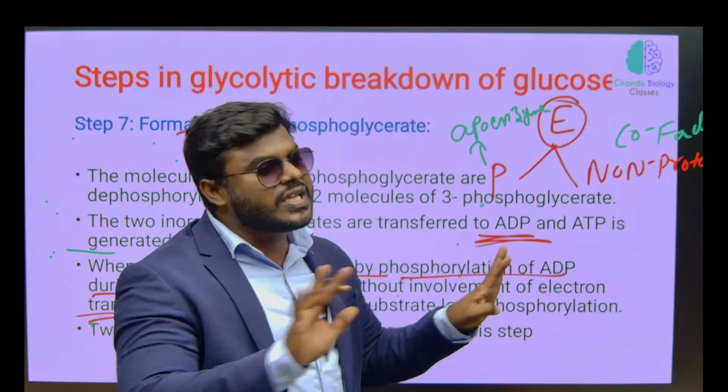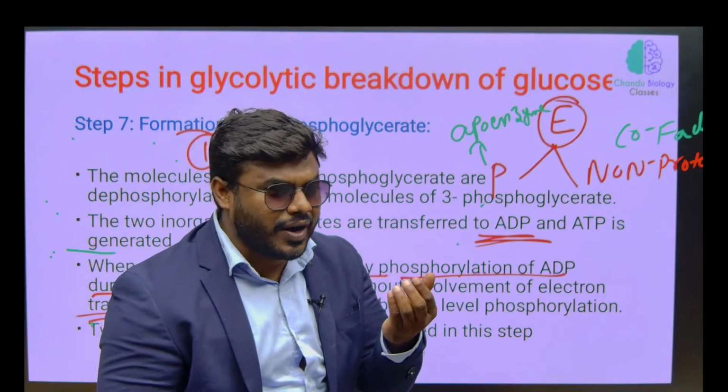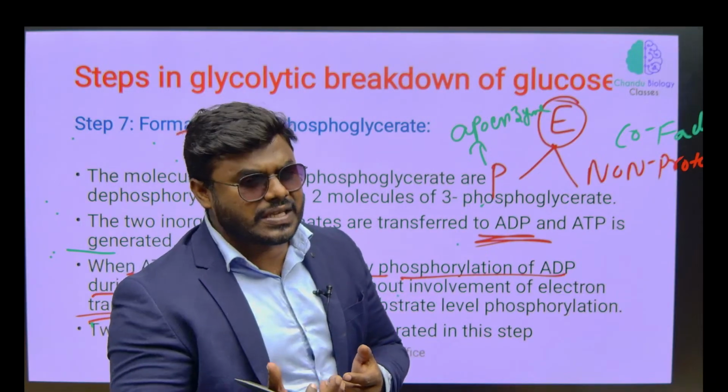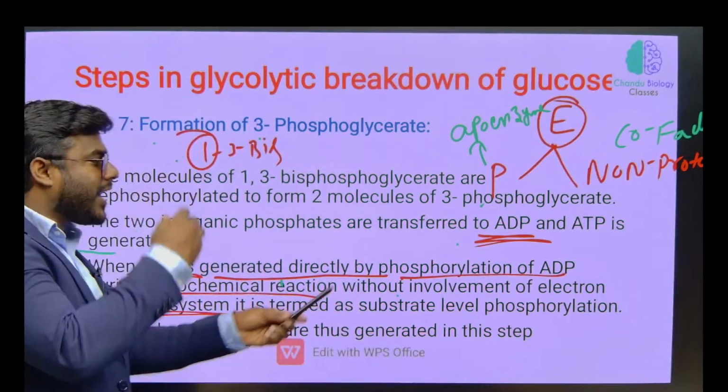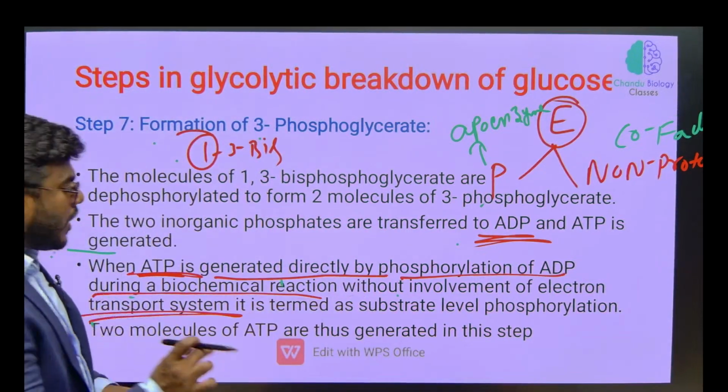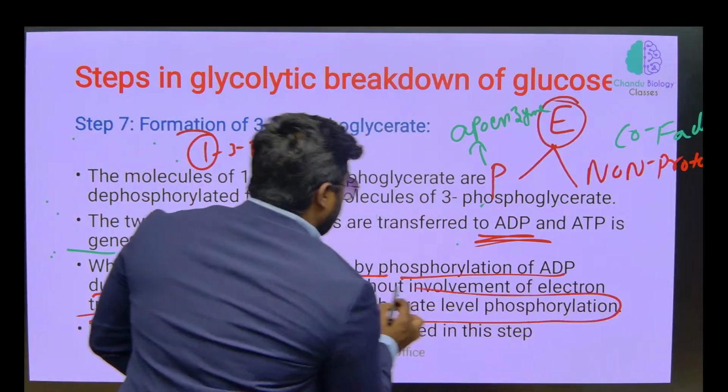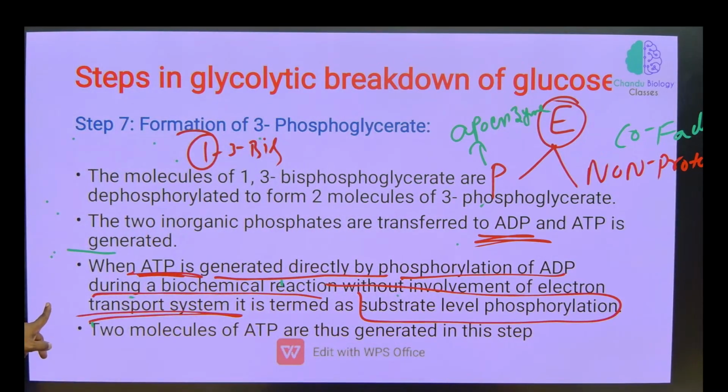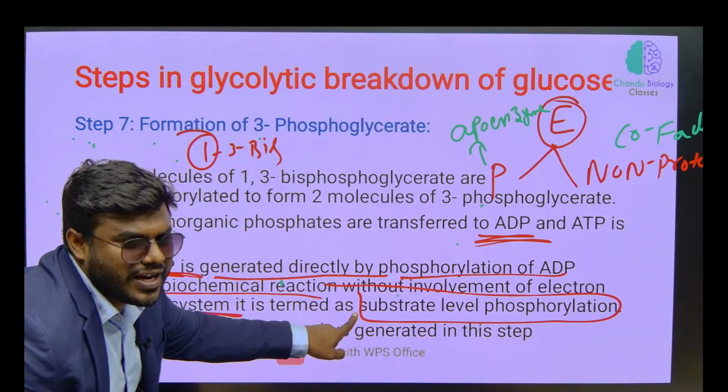So we don't use any enzymatic complex. If we get ATP directly from ADP, that is called substrate level phosphorylation. So at the 7th step we got substrate level phosphorylation.